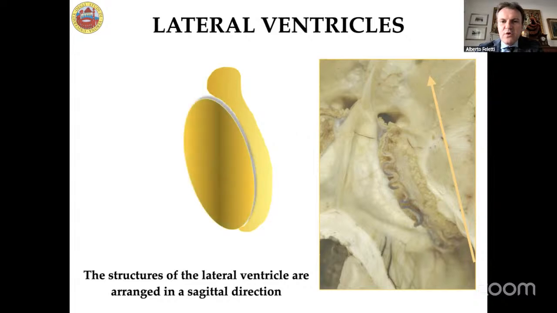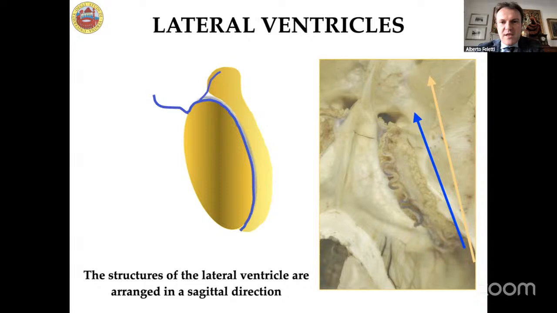And then we can go more medial, and we can find the thalamus, which is here. Between the thalamus and the caudate nucleus, there is a sulcus, which is called the thalamostriate sulcus, and within this sulcus lies the thalamostriate vein.